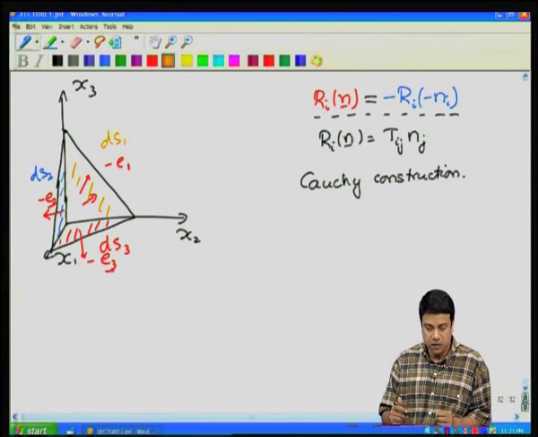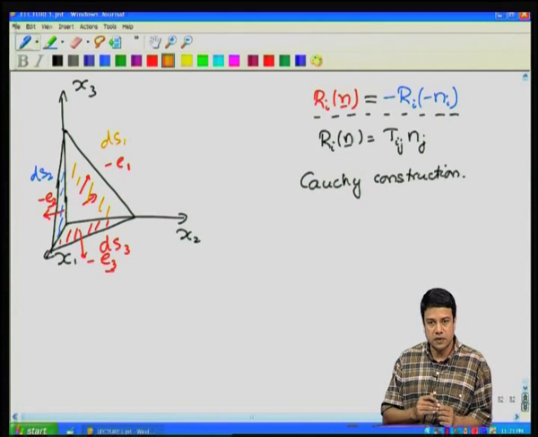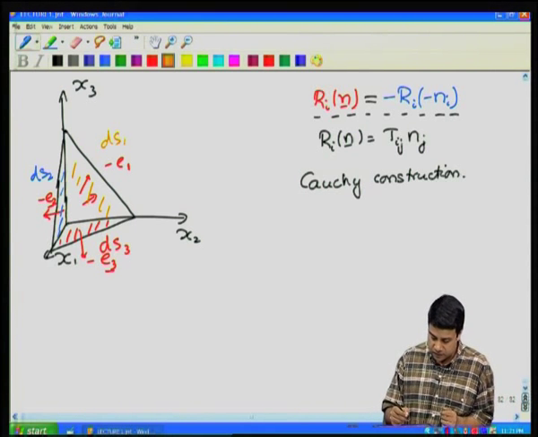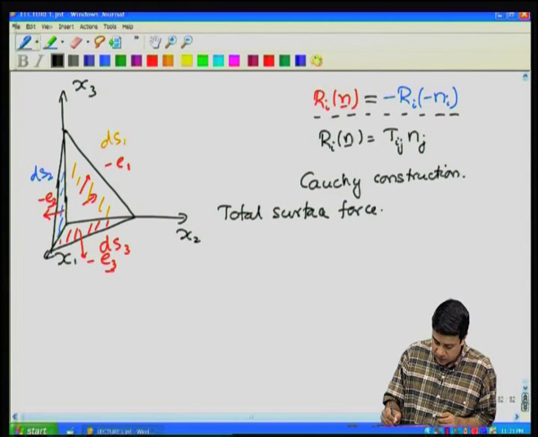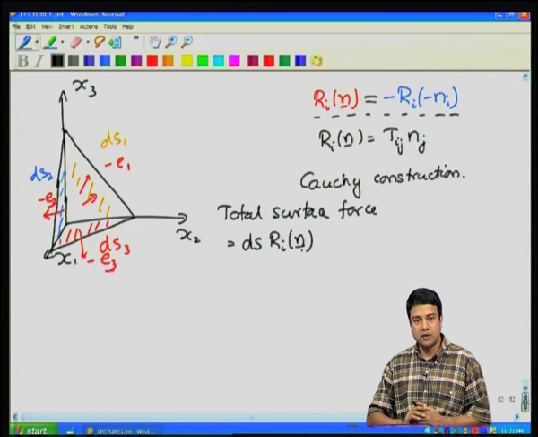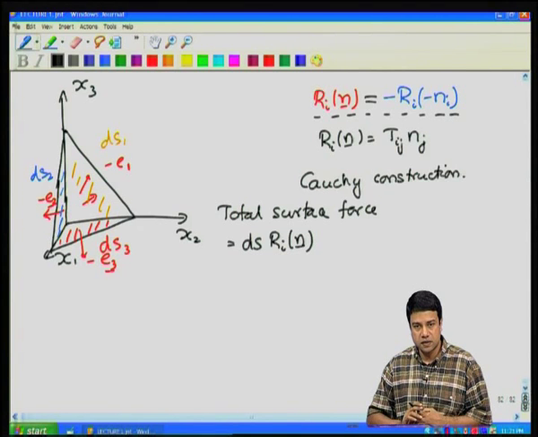As I said, r was the force exerted per unit area. So, the total force exerted due to the surface forces will be equal to ds times the force per unit area at a surface whose unit normal is in the plus n direction.